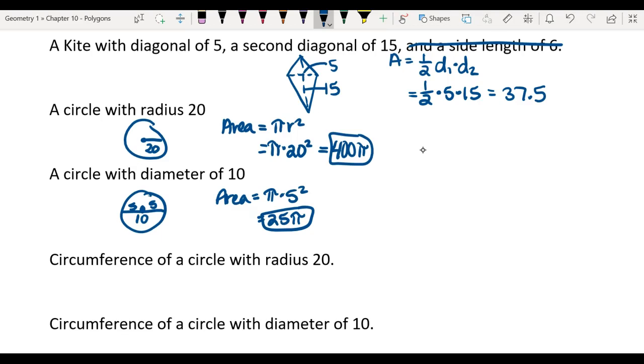Circumference of a circle with radius 20. So now you have to switch formulas. Remember, area and circumference of a circle will be given to you. So circumference is 2 pi r, which is 2 pi times 20 then.